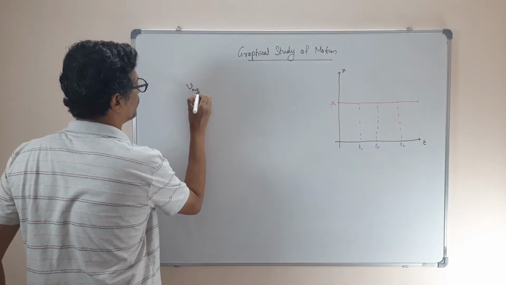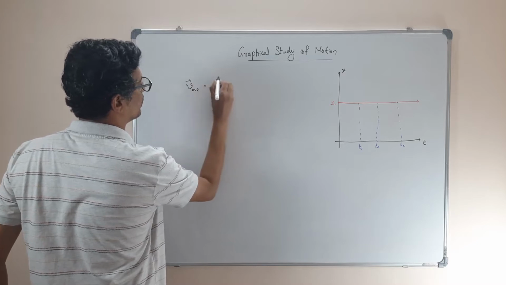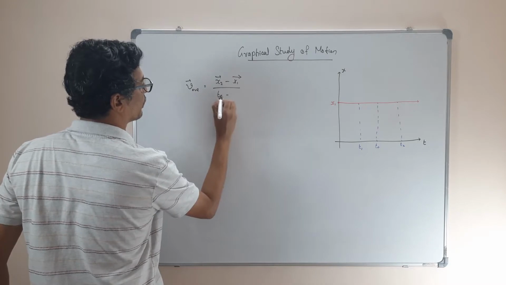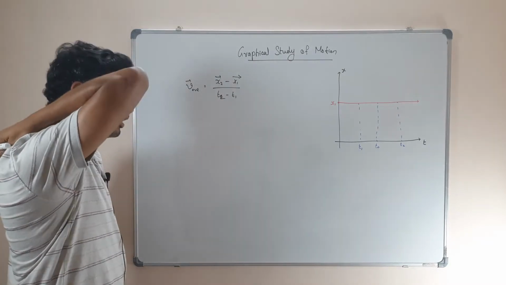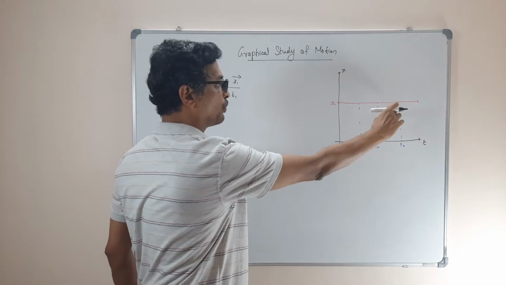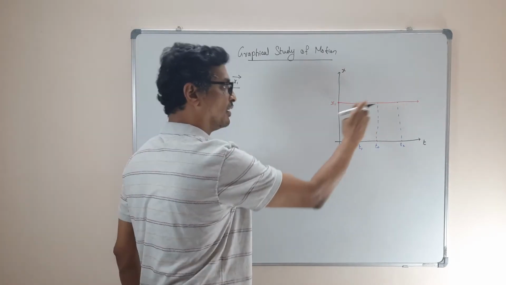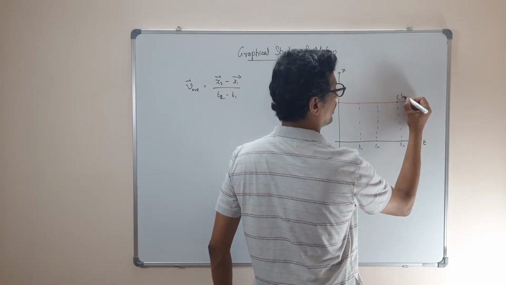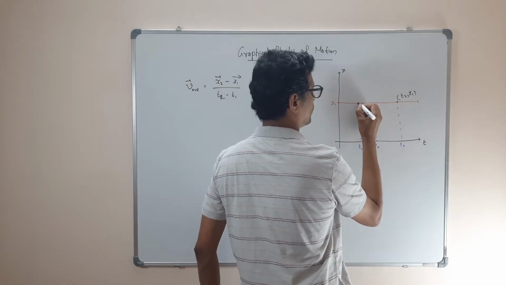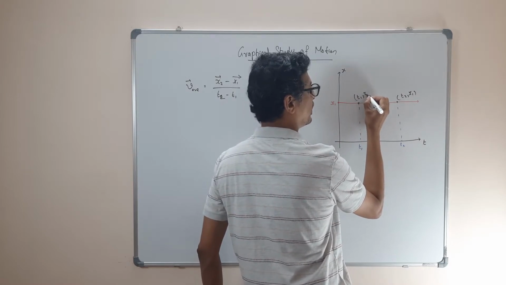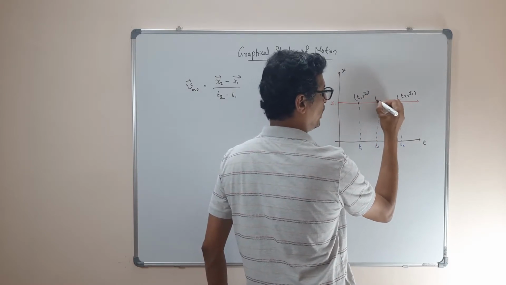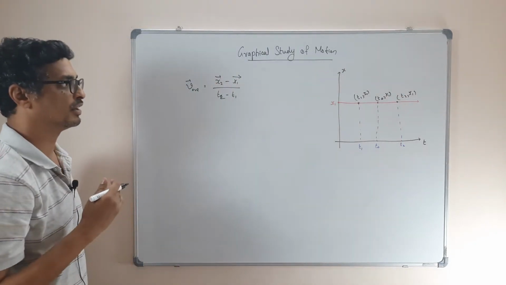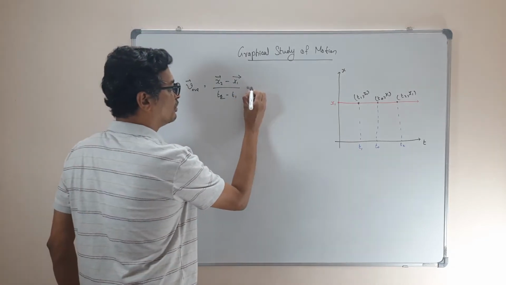V average is equal to x2 minus x1 divided by t2 minus t1. So here, what is your x1? They both are the same. This point is t2 comma x1, this point is t1 comma x1, and this will be t0 comma x1. So what is the average velocity here? 0. This is a straight line, right?